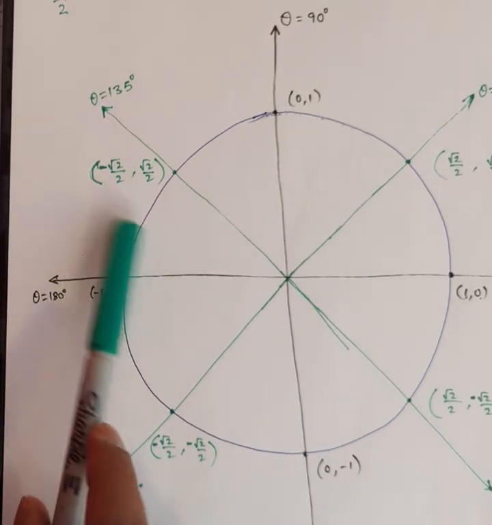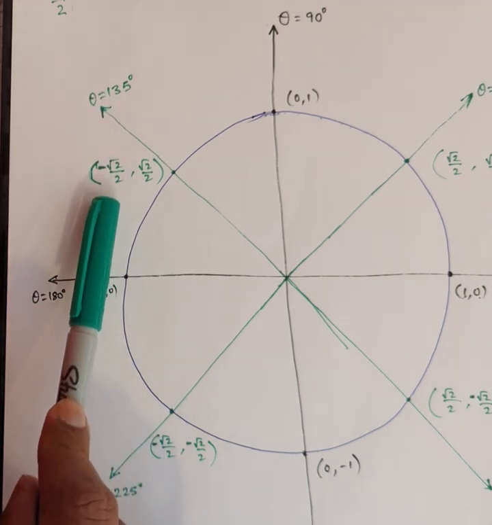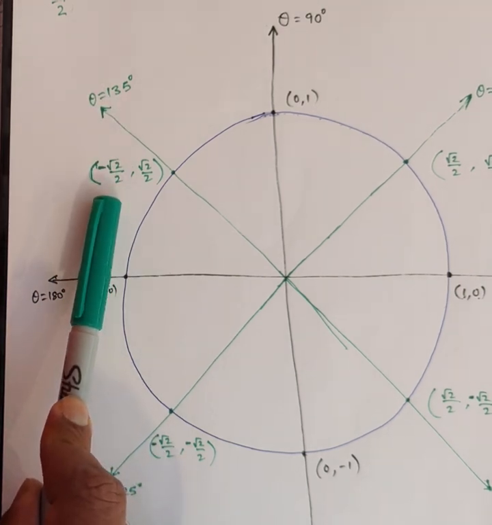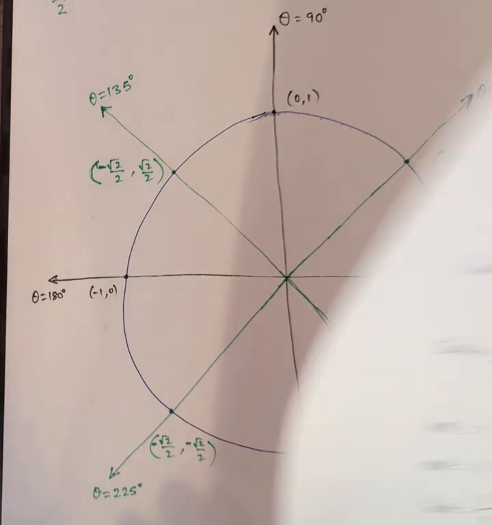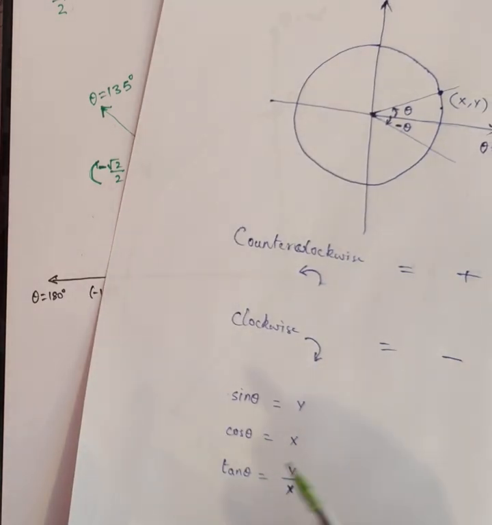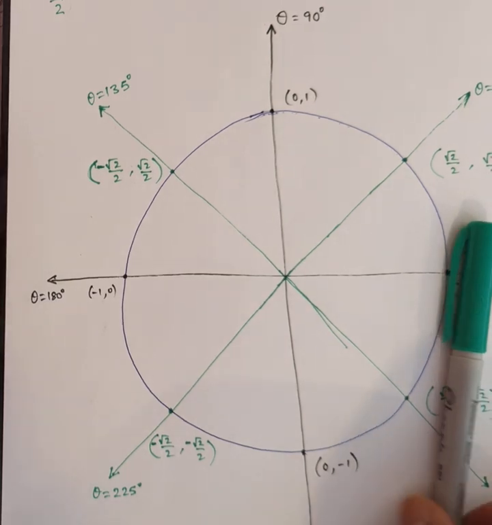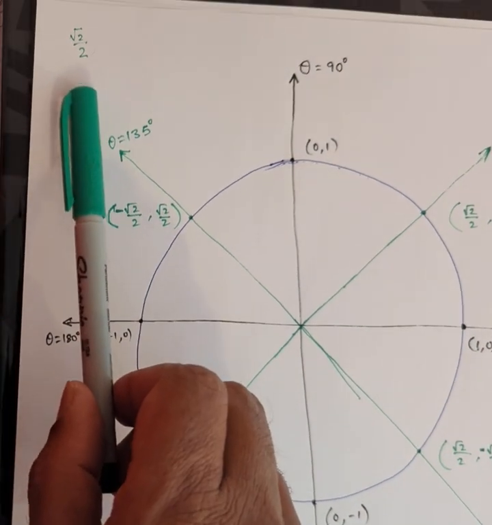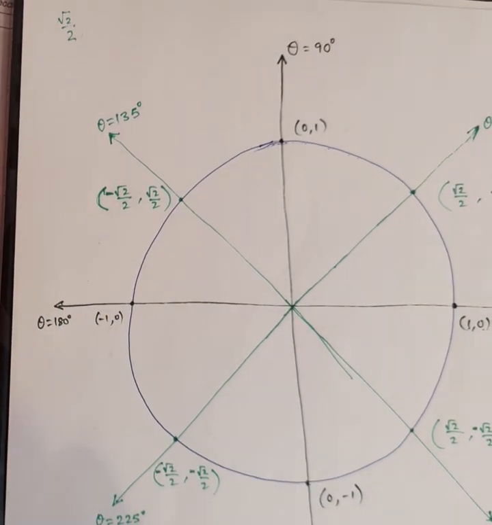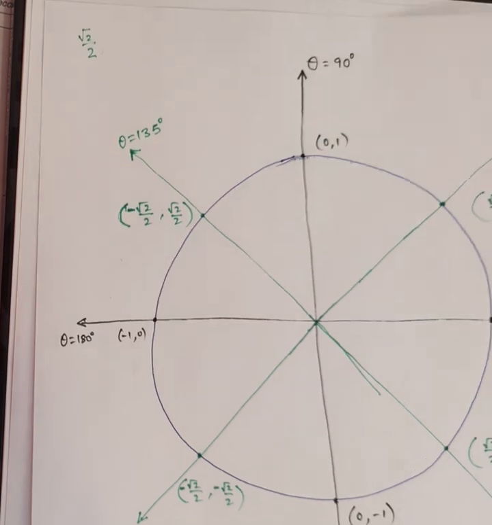Similarly, what is cos 135 degrees? That would be the x coordinate, negative root 2 over 2. So we go back to our definitions. Sine was y, cosine was x, and tan is sine over cosine, which is y over x. So just knowing this one fraction, root 2 over 2, we could get 4 more points on the unit circle.